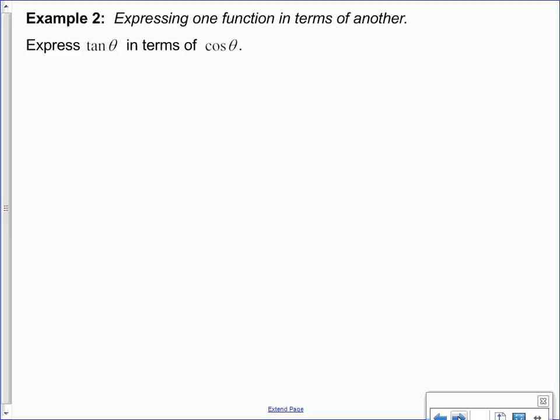Tangent has this formula that says tangent squared plus 1 is equal to secant squared theta. I'm going to keep the thetas out just for writing purposes, right? So there's that beautiful formula.